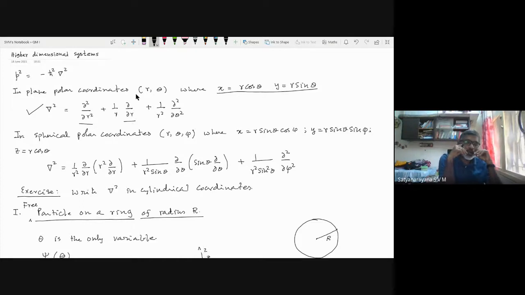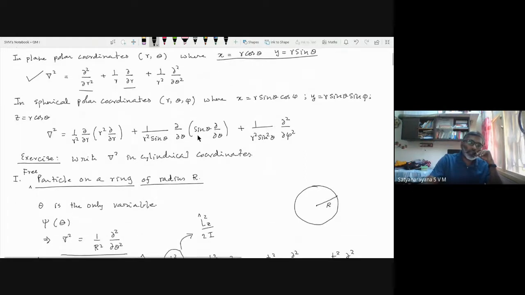Yes, you can do that, but one has to be very careful. If you look at the way we have done this in 2D, our r and theta can now be considered as r sine theta and phi in that case, right?